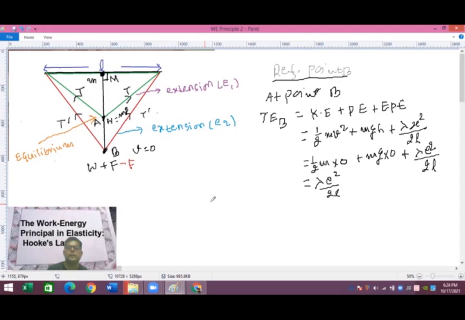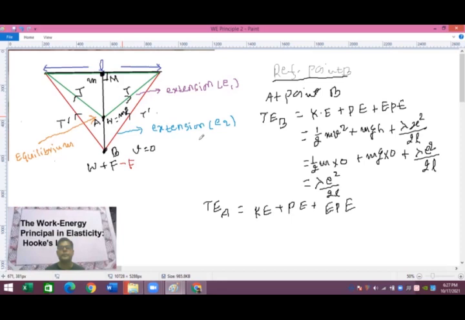Now let's talk about the total energy at point W. What happens at point W? W means weight over here. You can say point W also, but as we have already taken A, we can write here at point A. Here also you have to check the kinetic energy plus potential energy plus elastic potential energy, and sometimes you will be given some other form of energy due to other factors, for example frictional force or any other external force.